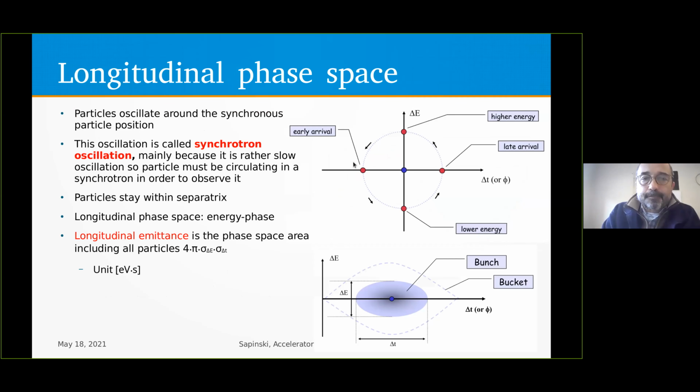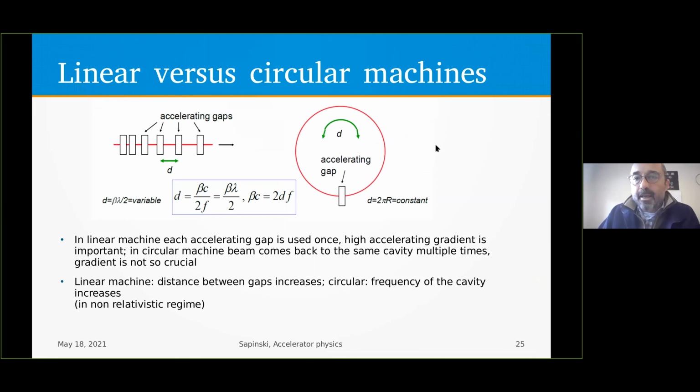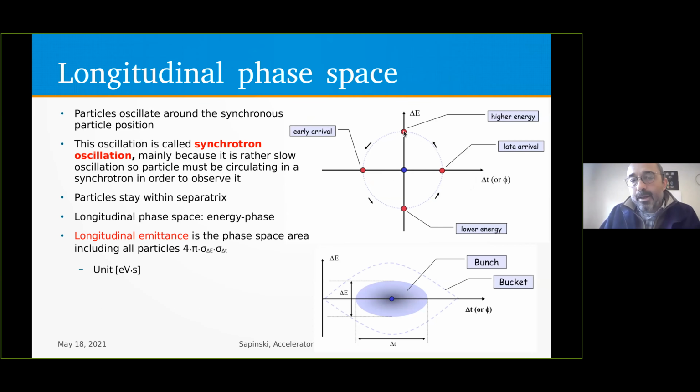All right. So if the particles are sometimes too early, sometimes too late, their phase changes. When the phase changes, the energy also changes. So basically the particles in the bunch, which we will define on this slide in a moment, oscillate. If they arrive a little bit too late, they get a bigger kick. This is the time of arrival, or phase. They arrive too late, they get a bigger kick, and the energy increases.